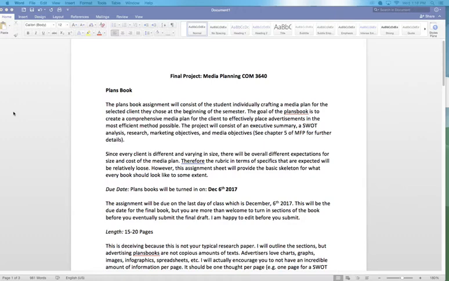And the biggest thing is that you have probably done, at the very least, a third of the final project that it's due. Most of y'all have probably done somewhere around half of the work required to complete this plans book. So a lot of it you're just going to have to put together in terms of formatting and making sure everything looks good in that case.